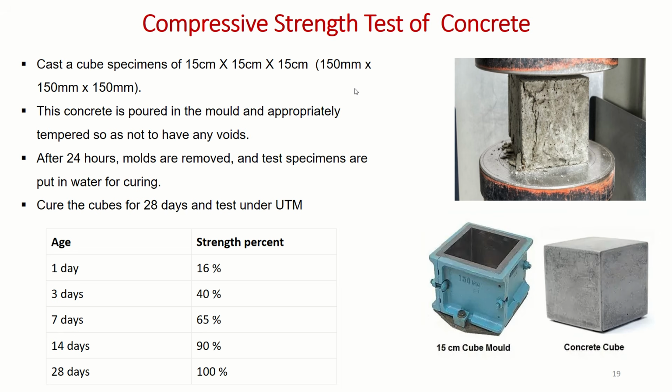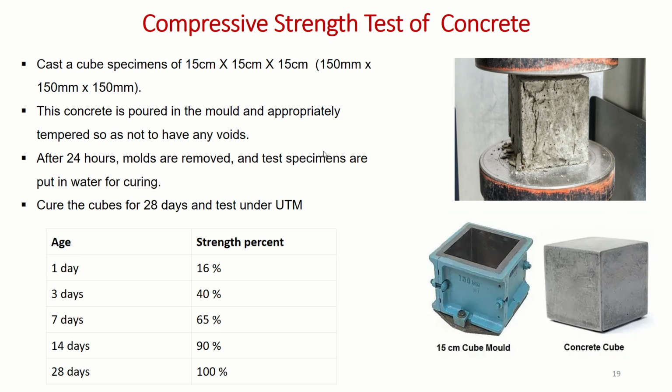So first of all, we'll discuss the destructive test. These tests are normally conducted on concrete. Cubes of 15 by 15 by 15 centimeter, that is 150 by 150 by 150 mm, are cast. They are cured for 28 days, and after 28 days they are tested with the help of CTM, and the strength of that particular cube is measured.